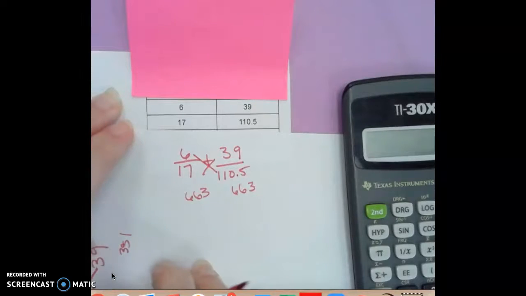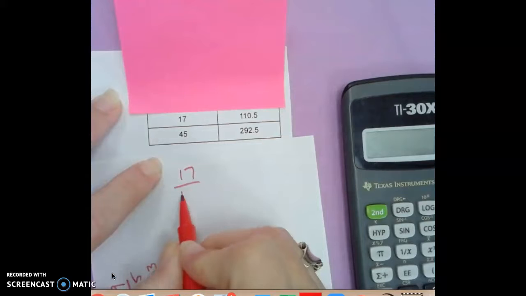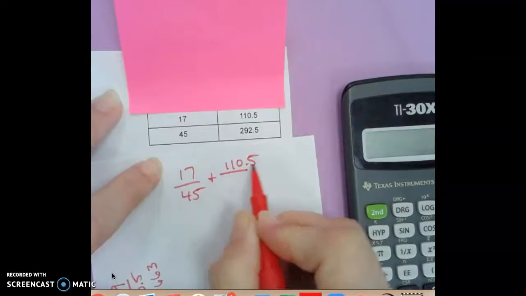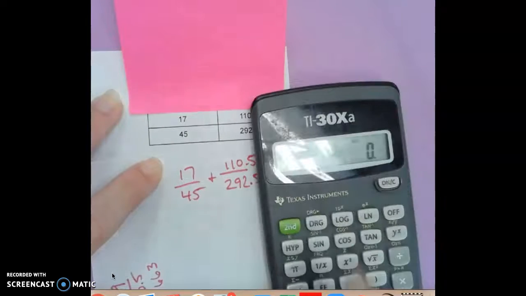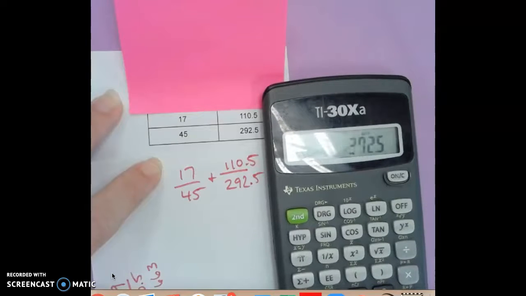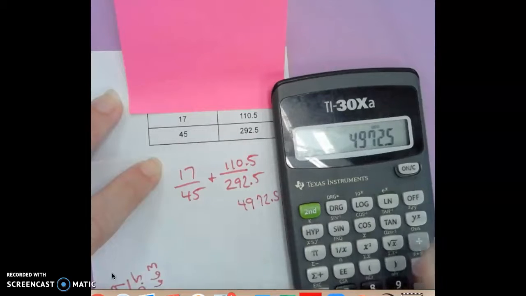So now I have to go down to the last one. I'm going to slide my sticky note down. So 17 over 45 and 110.5 over 292.5. So then if I do 17 times 292.5, I get a big number, 4,972.5.